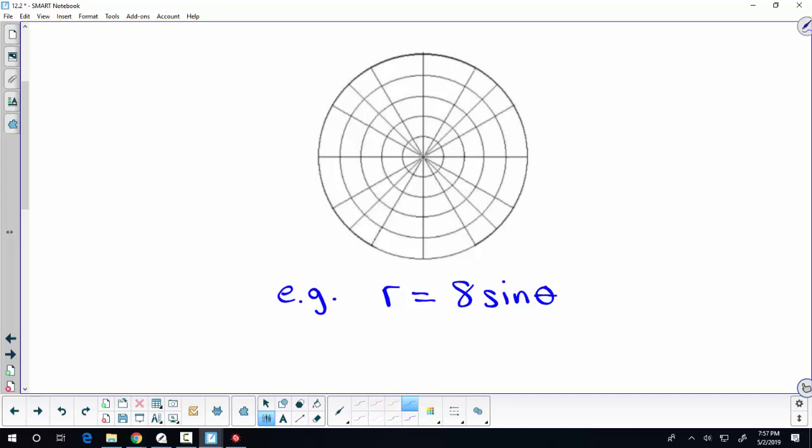So how would we translate that back to xy? Your y is shifted off the center. Notice we don't have anything that's familiar to convert. We don't have r squared equals this, and we don't have r sine theta to turn into a y. So that's a hint.